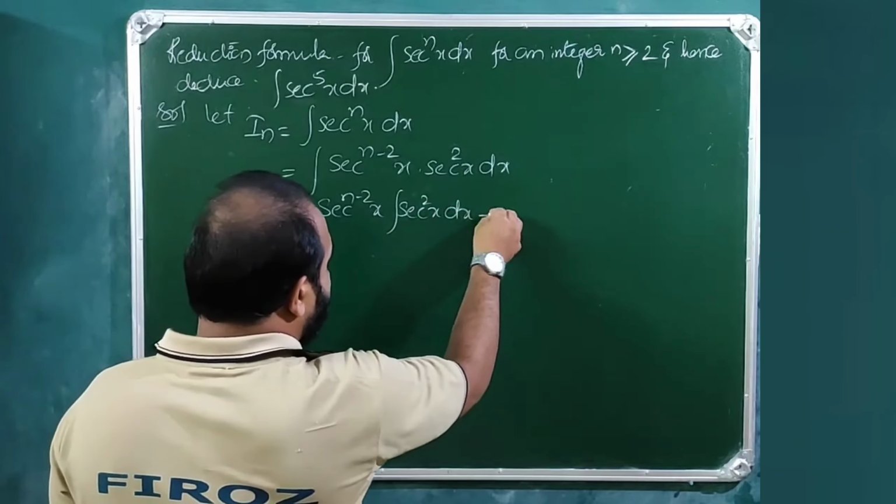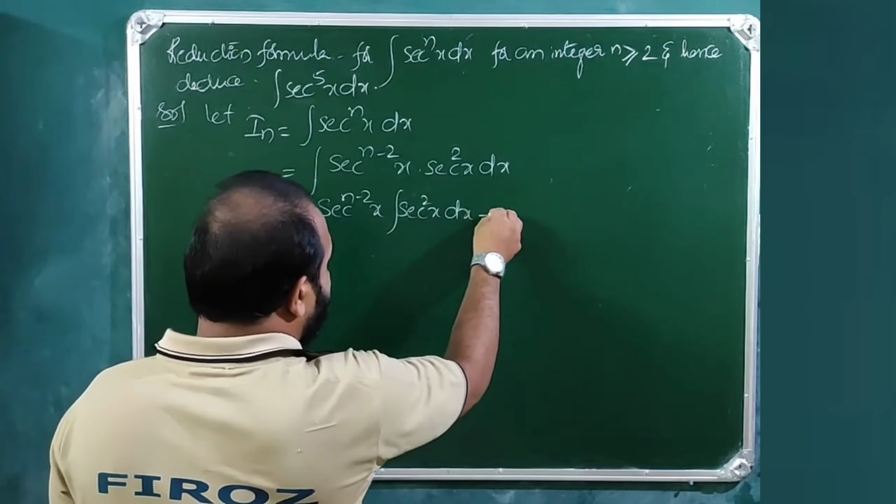So let us write sin power m x into cos power n as cos power n minus 1 x into cos x dx. Since the bases are equal, n minus 1 plus 1 is n. So let us take this to be the first function and the remaining to be the second function.